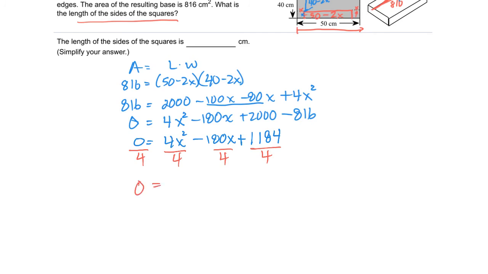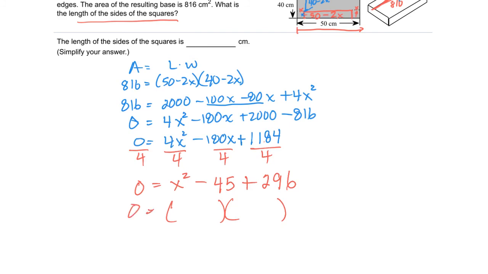So 0 is equal to x squared, minus, 4 into 180 goes 45 times, plus 4 into 1184 goes 296. 9 times 4 is 36, and 2 times 4 is 8 plus the carried 3 is 11, then 4 into 24 is 6, yes. Okay, so now I need to factor this. Things that multiply to 296 add up to 45.